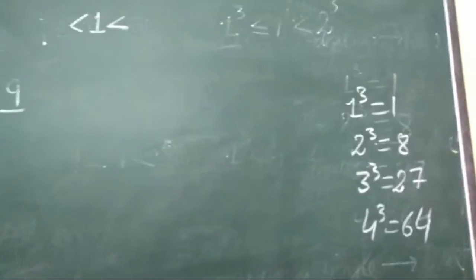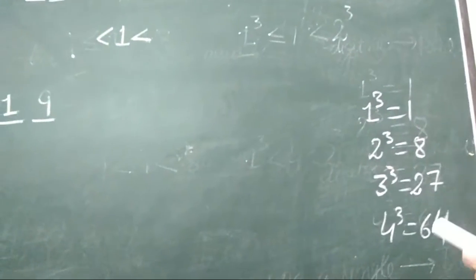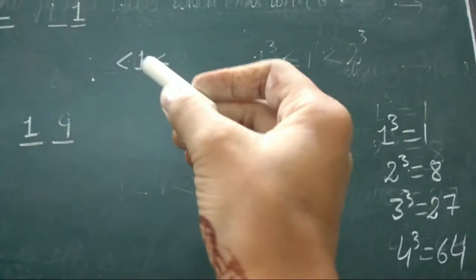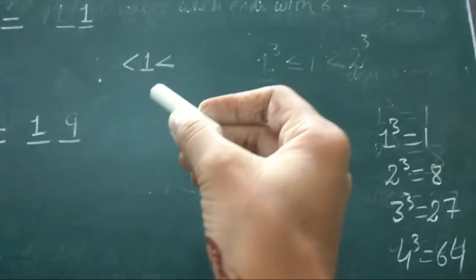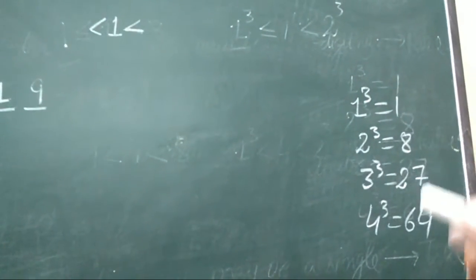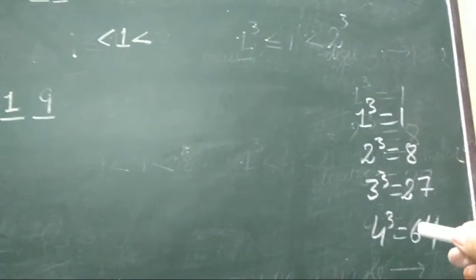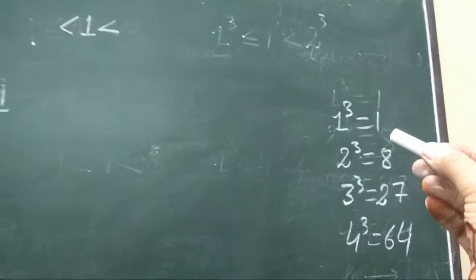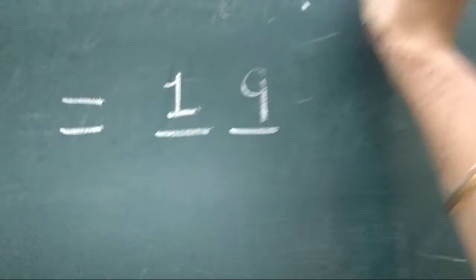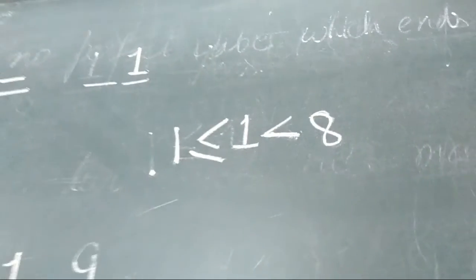Now what you have to look at is that the second group number must be equal to one of these perfect cube numbers, or it must lie between them. So as we can see, 1 is greater than or equal to 1 and it is smaller than 8. So we'll write 8, right?